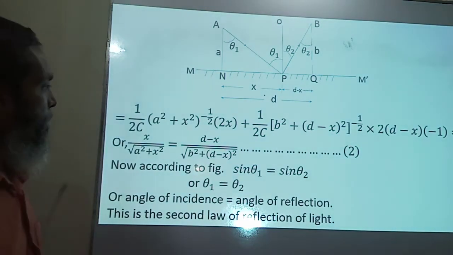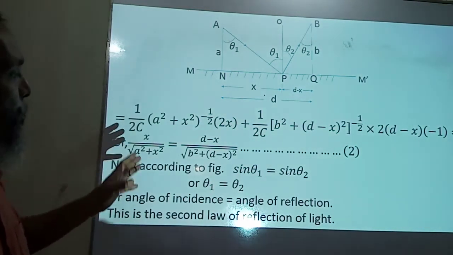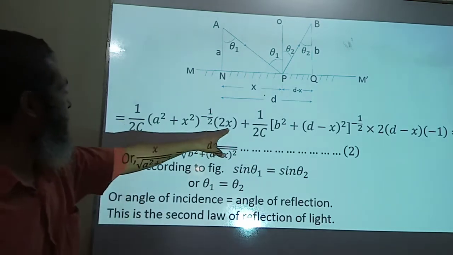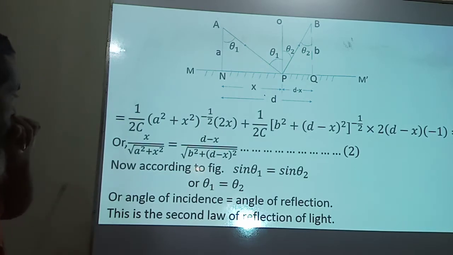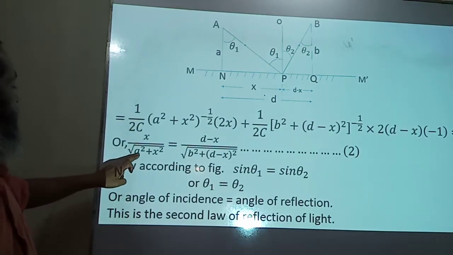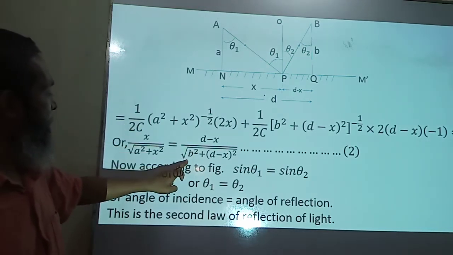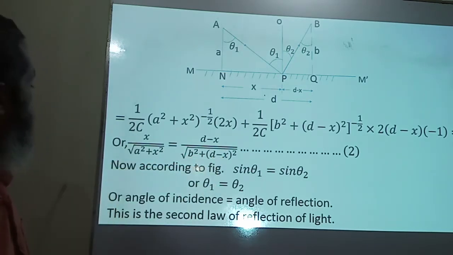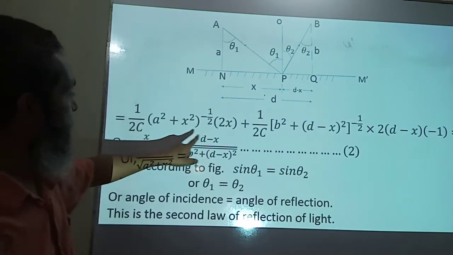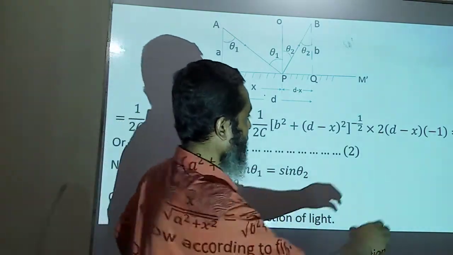So we get this equation, and here if we calculate, these two cancel out. So we get x by root over a square plus x square, and (d minus x) by root over b square plus (d minus x) whole square. You see here there is c and there is c, and on the right side it is 0.